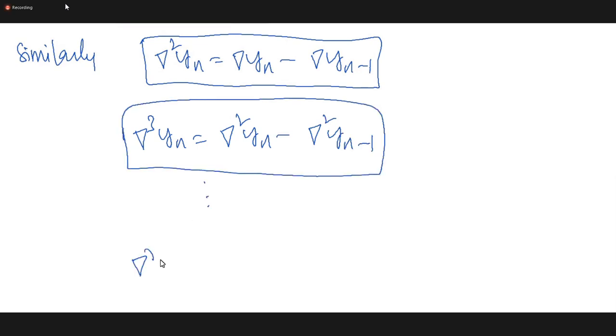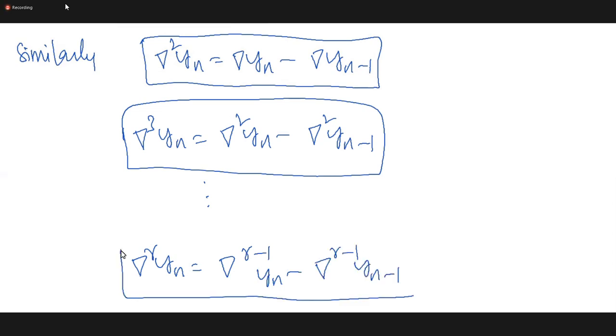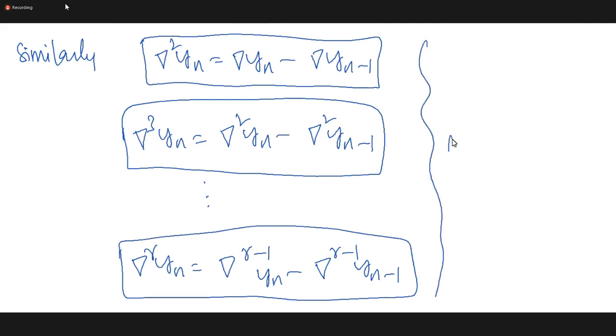Del power r yn is equal to del power r minus 1 yn minus del power r minus 1 yn minus 1. So all these relations are for n is equal to 1, 2, 3, and so on, and r is equal to 1, 2, 3, and so on.